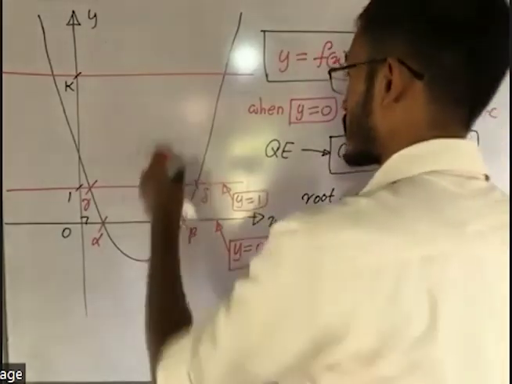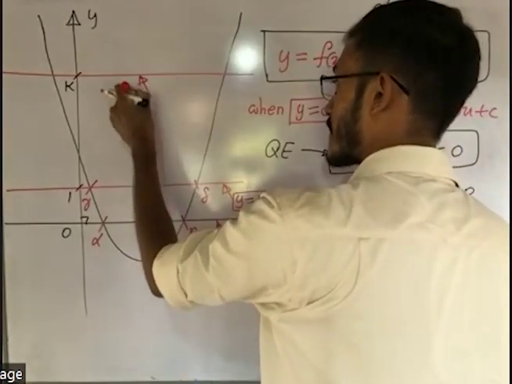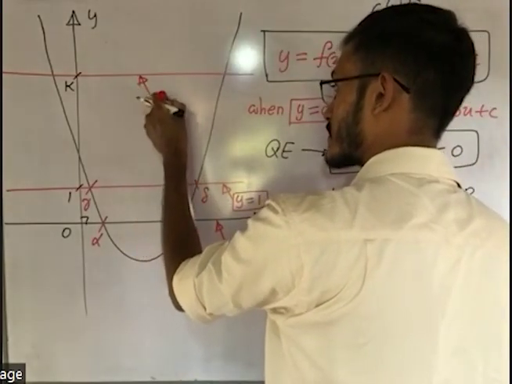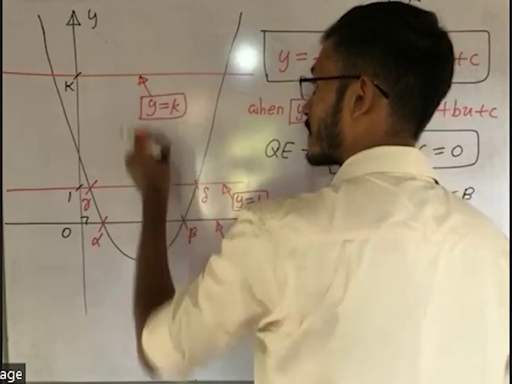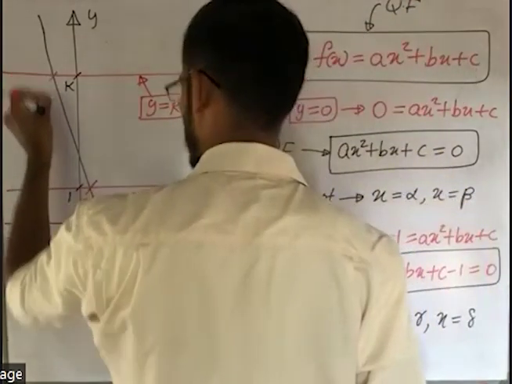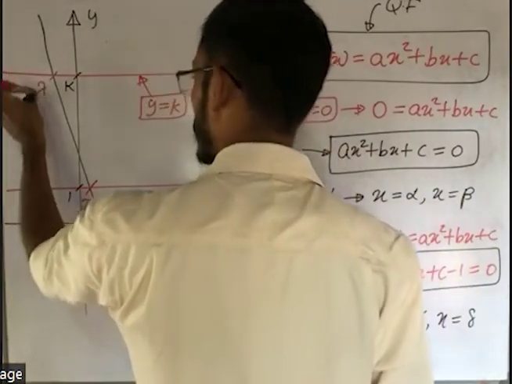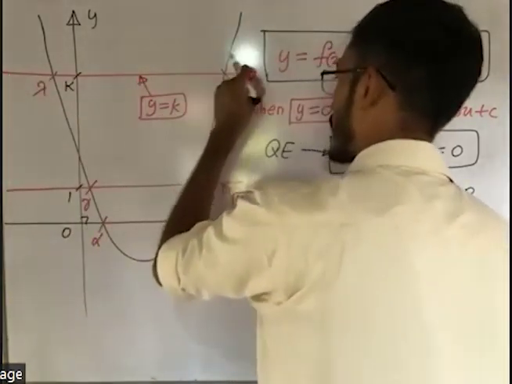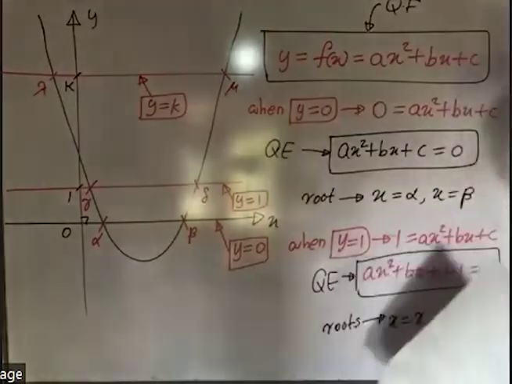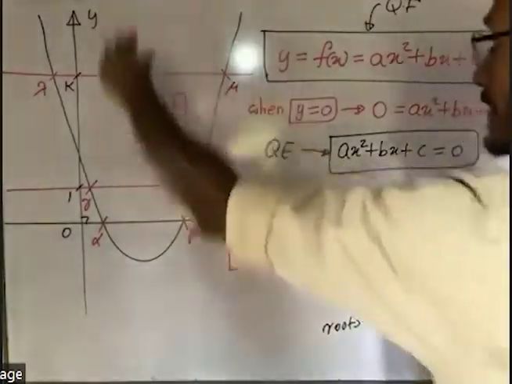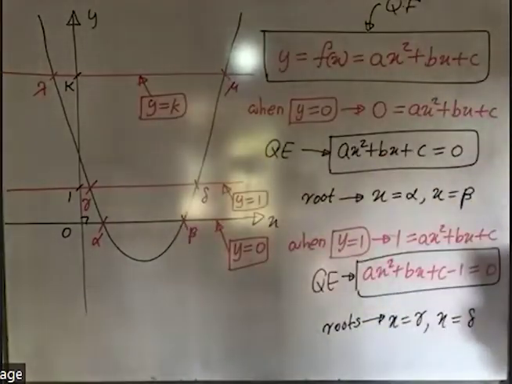Then this straight line, I will name as y equal to k. So this is the y equal to k straight line. These are the two intersection points. I will name them lambda and mu. Lambda and mu are the two intersection points of this straight line with this graph.